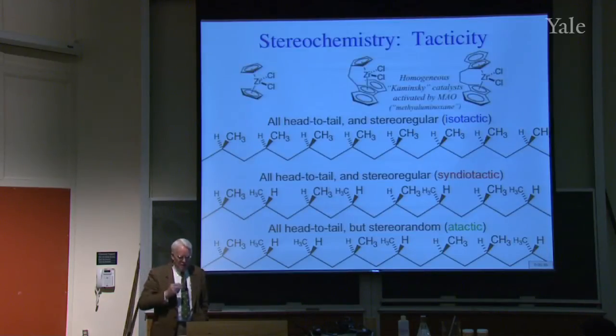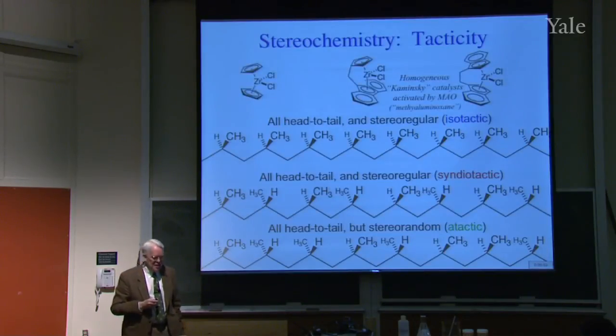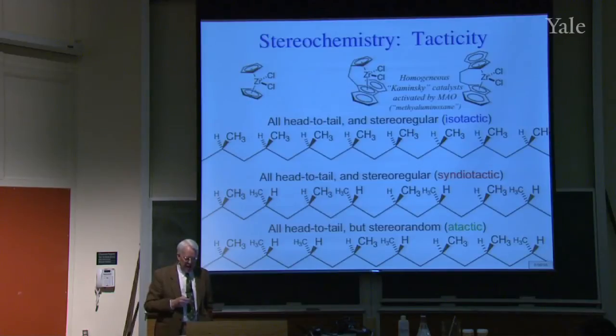So there are these catalysts. Instead of using titanium, use these zirconium catalysts, which are homogeneous. That means they're dissolved. They're not some solid that's in there. So it's possible to do spectroscopy on these things. And Kaminsky, the name associated with this catalysis, has to do with his accidental discovery that adding MAO makes these very reactive.